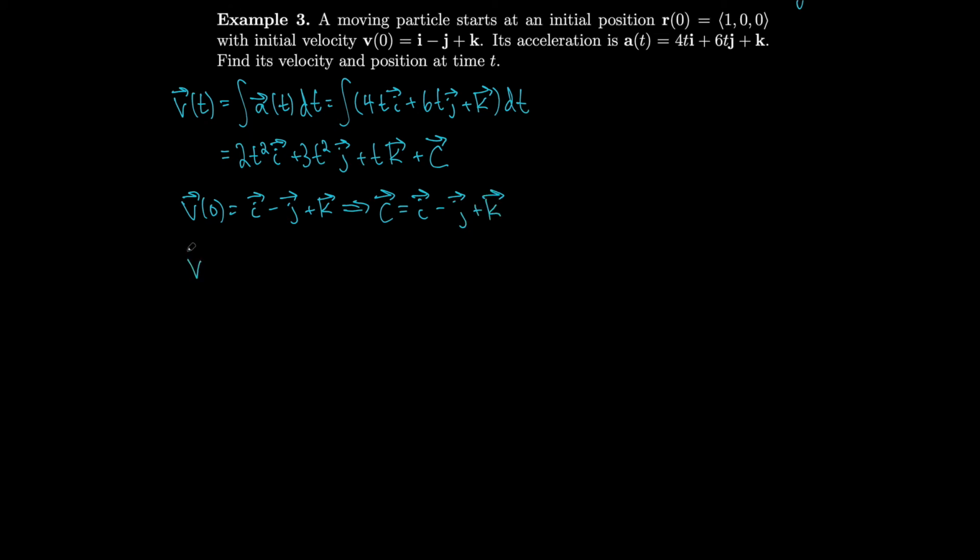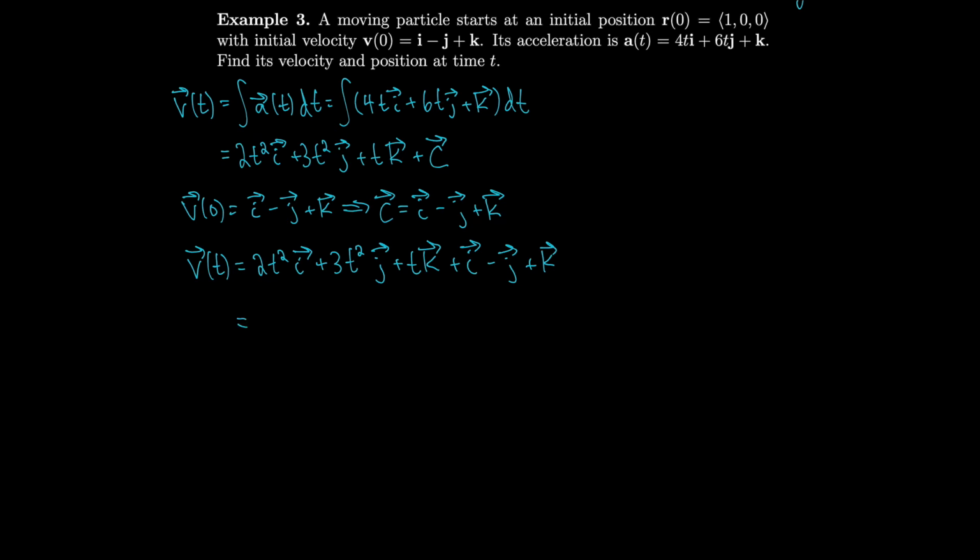So now I have a complete formula for the velocity. It's just 2t squared i plus 3t squared j plus tk plus i minus j plus k, for our constant c.